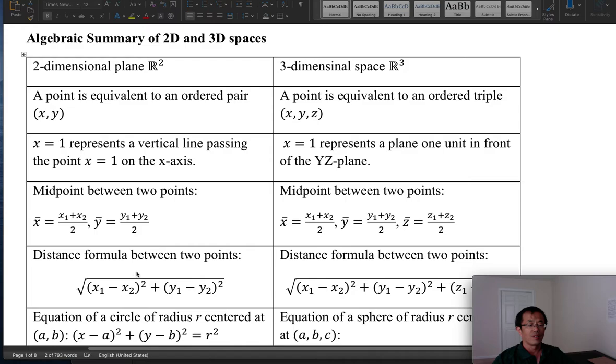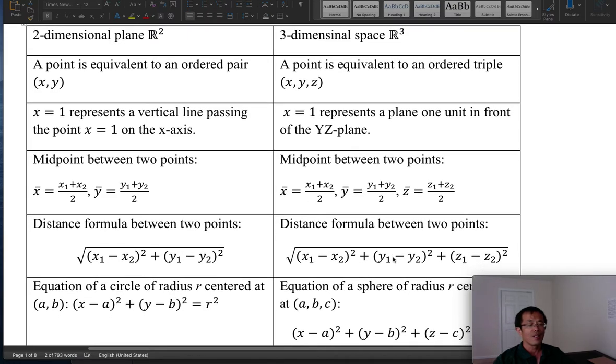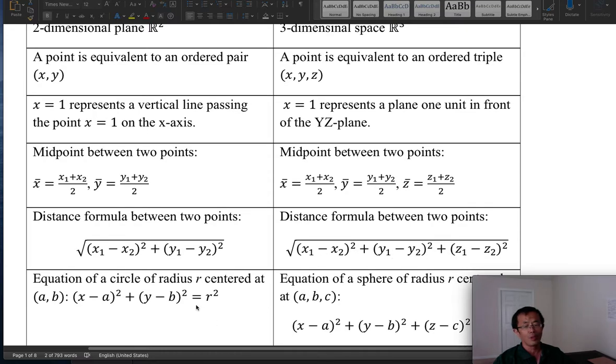Okay. The distance formula between 2 points. This is in the 2D, that is in the 3D. And then for the equation of a circle, hopefully we covered it in algebra, in pre-calculus. You know that very well. And then we will have to deal with the equation of a circle in the 3D space, but somewhat it's more complicated.